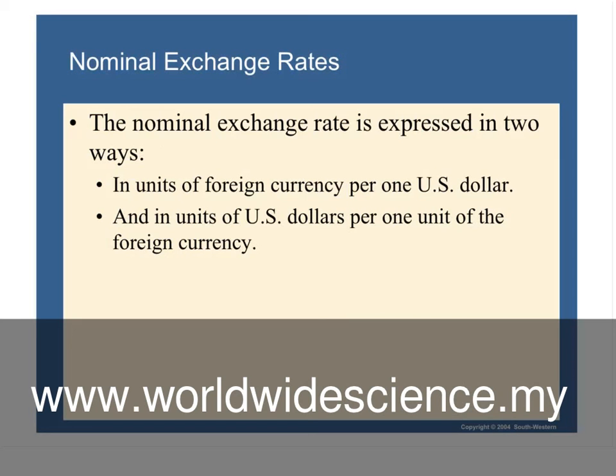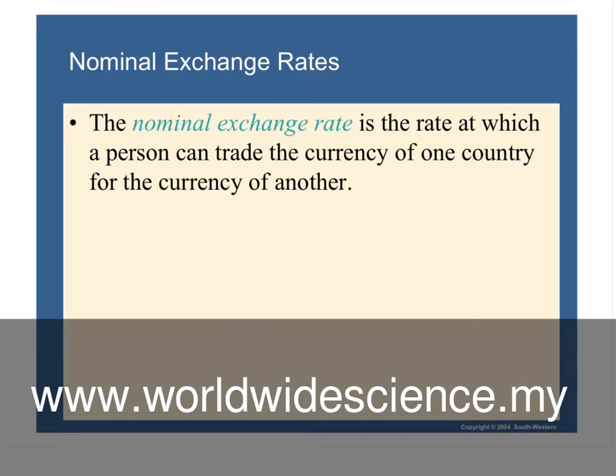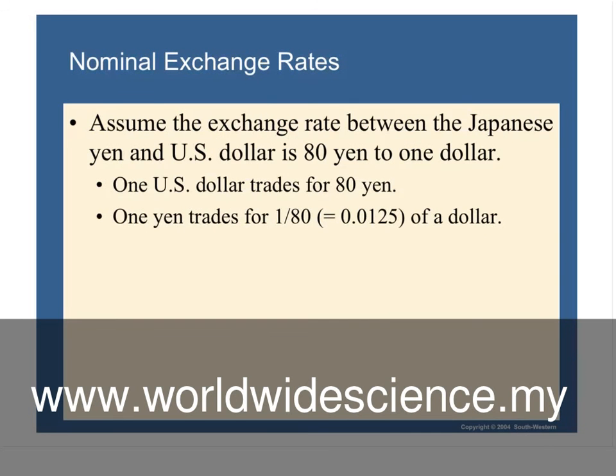Assume the exchange rate between the Japanese yen and US dollar is 80 yen to $1. So 1 US dollar trades for 80 yen, or 1 yen trades for 1/80th, which is 0.0125 of a dollar. So that's how we communicate it.